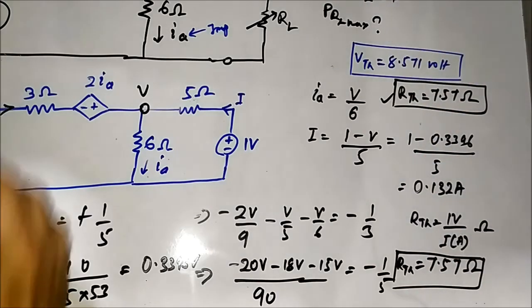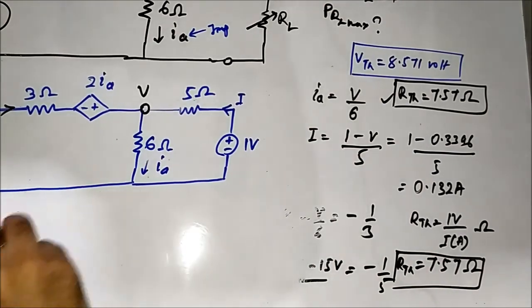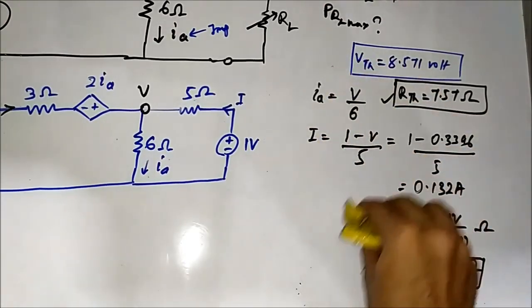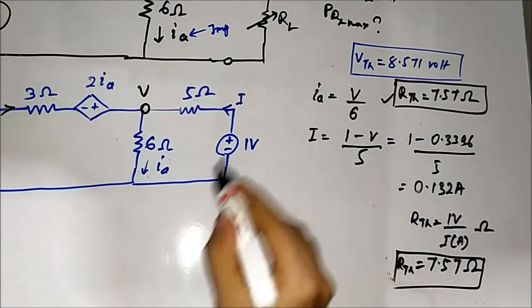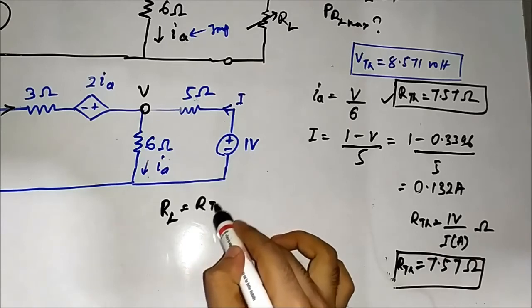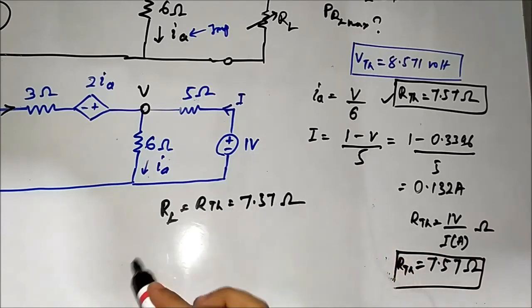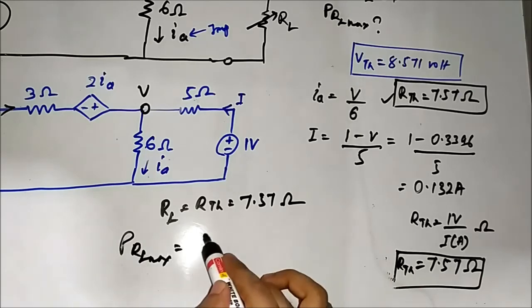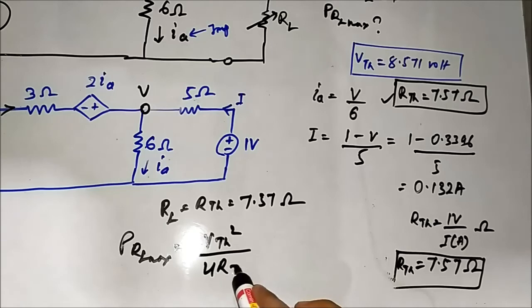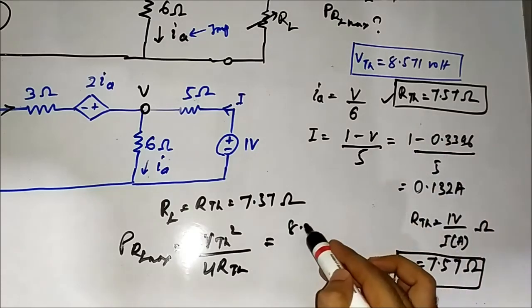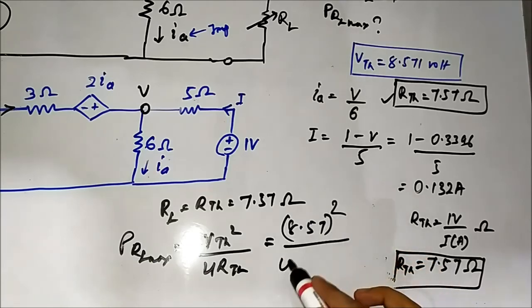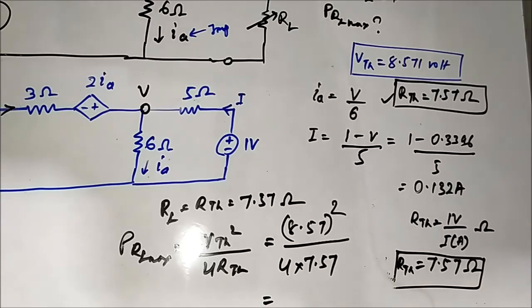We know, as per the statement of maximum power transfer theorem, for maximum power to be transferred to the load RL, this value should be equal to RTH, which is equal to 7.57 ohm, and the maximum power that is transferred is equal to VTH square by 4 RTH, which is equal to 8.57 square by 4 into 7.57, which is coming around 2.425 watts.